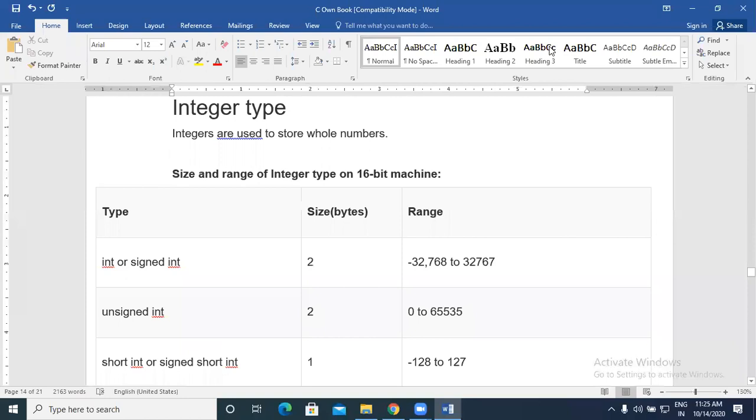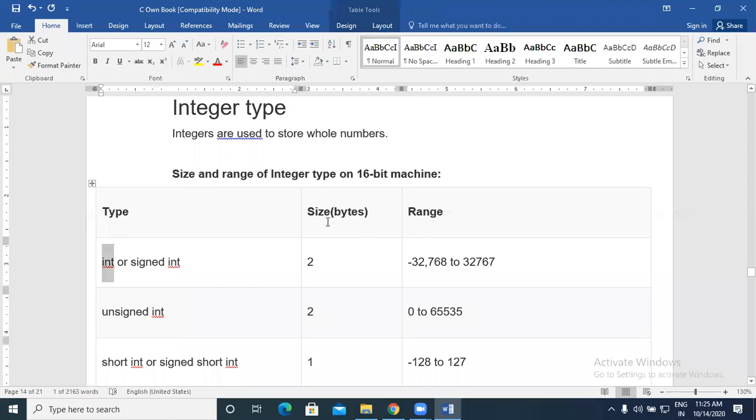And that is a data type, its size and its range, right? So first, integer, otherwise signed integer, with a size of 2 bytes and the range is -32768 to +32767. That is the range it stores.